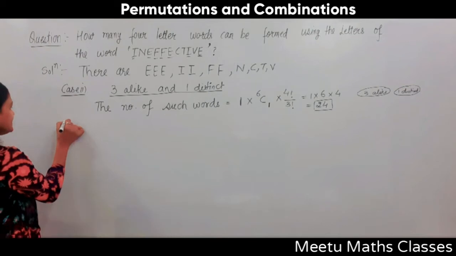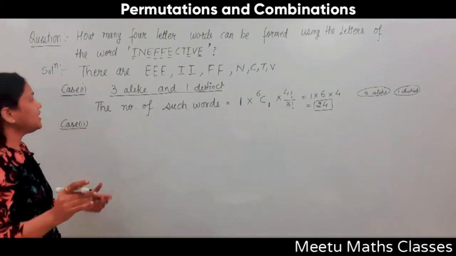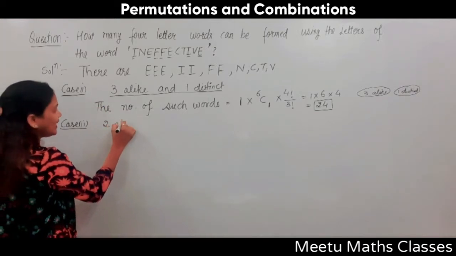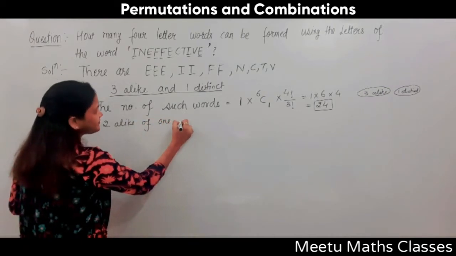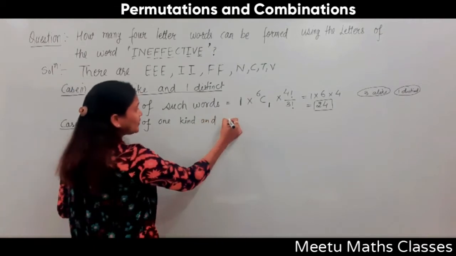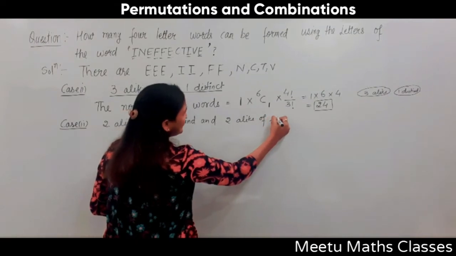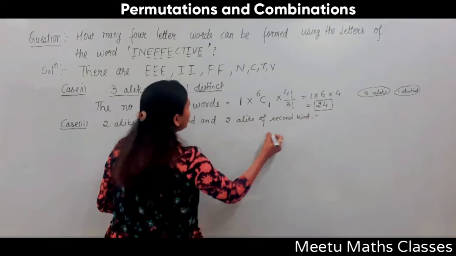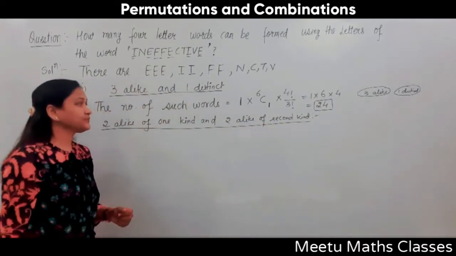Now in the second case we can make 4-letter words in which 2 are alike of one kind and 2 alike of a second kind. The 2 letters you have to choose are of this type: 2 alike and 2 alike.